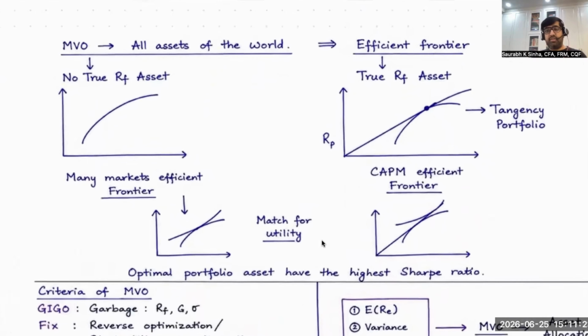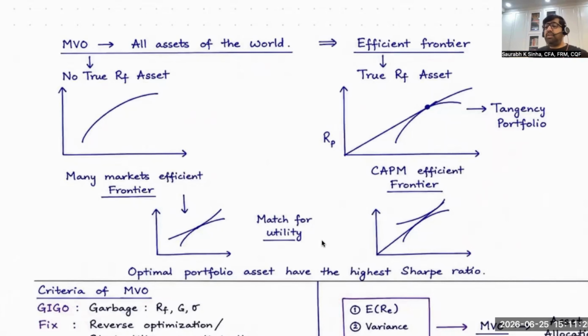Now they are saying something very interesting, and they generally say this about mean variance optimization, whether they are discussing it in FRM or CFA. They say that if you're doing mean variance optimization and all the assets of the world are allowed to be invested, then you don't need to perform any optimization exercise.